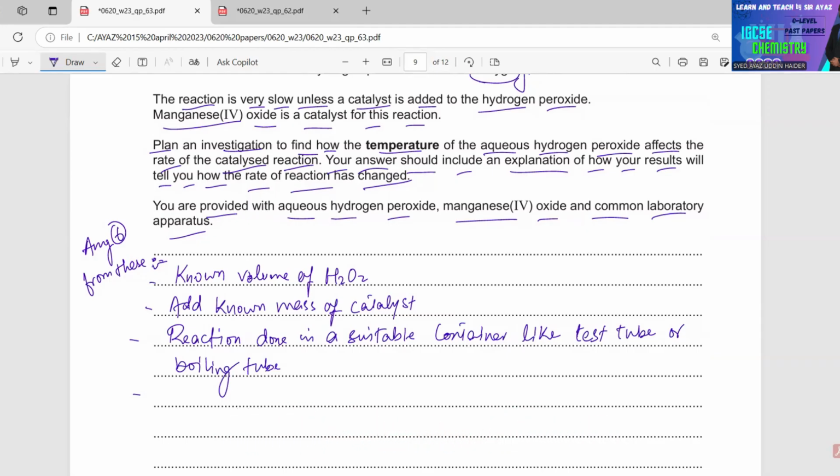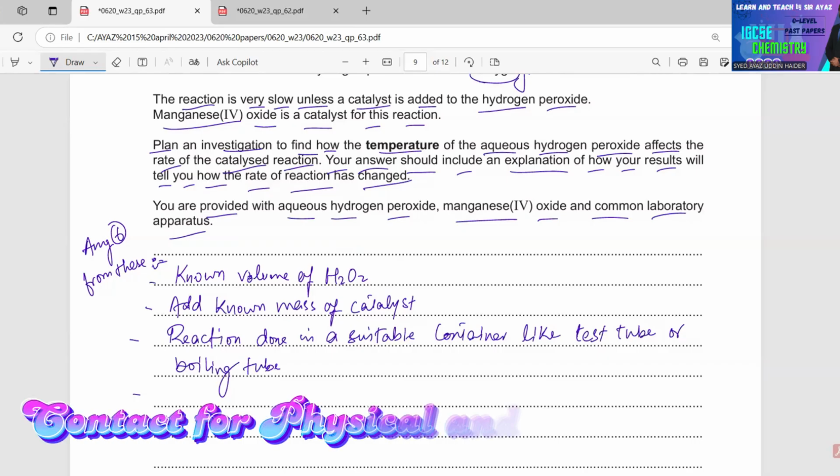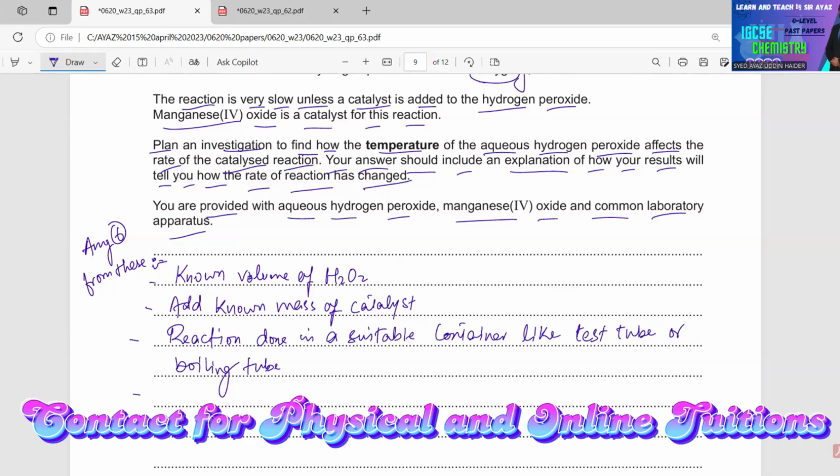Okay. Now, for this step, you have 3 steps. These are some common steps. Now, if you are doing this for investigating the mass loss, the initial 3 steps will be same, but the 4th step will vary.